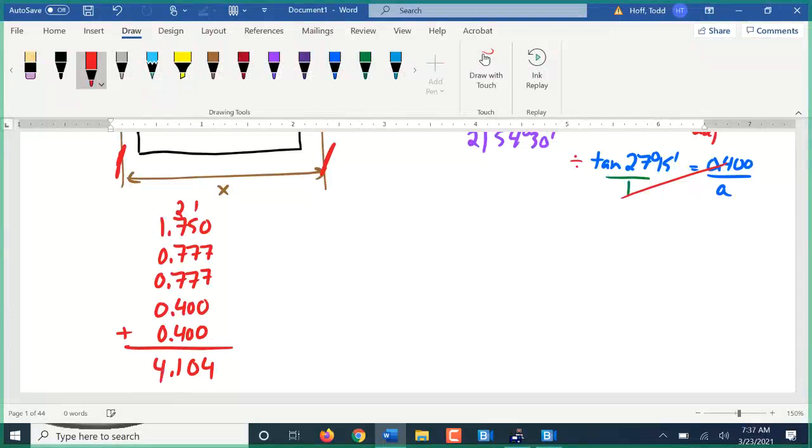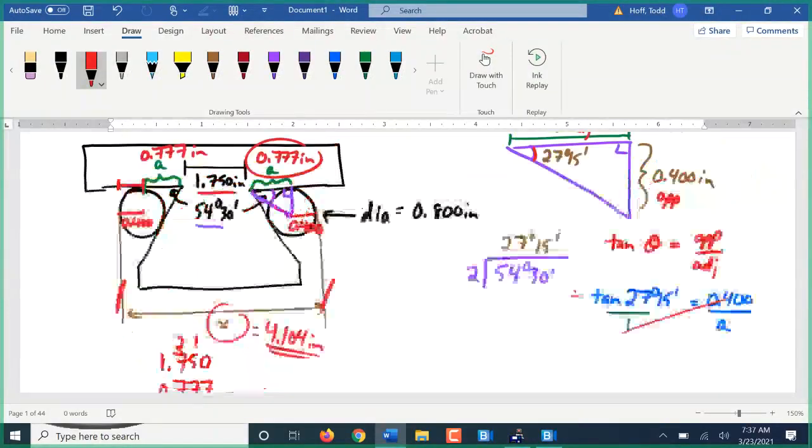We have 4.104 inches. That is our dimension X. So again, it comes down to that strategy of putting in the radius of the circle and then connecting the center of the circle to the intersection of the tangents to cut everything in half.